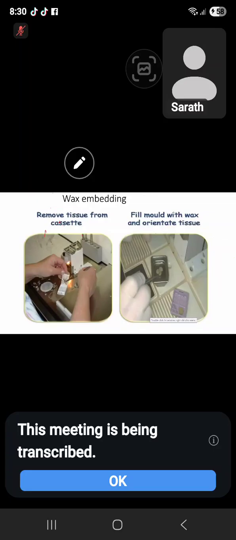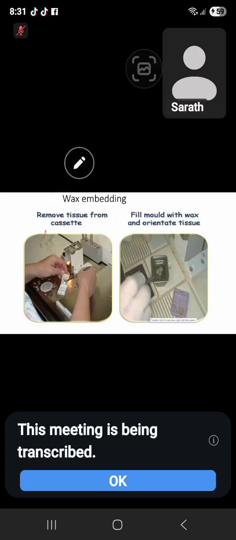Next one, wax embedding. Here what you're doing, take the metal mold. See, the bottom is very large, so this can be used for the larger sections. Fill it with paraffin wax from the dispenser.